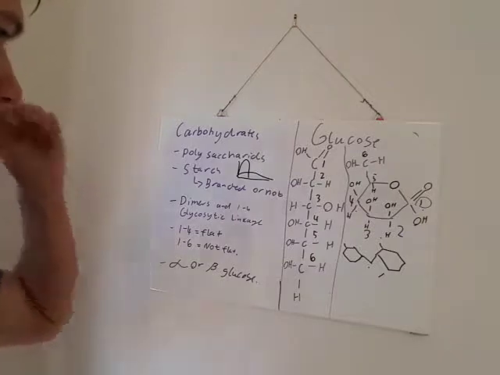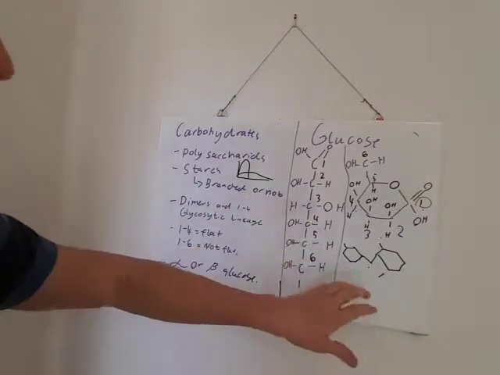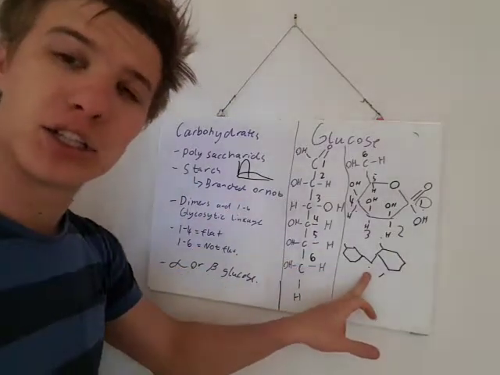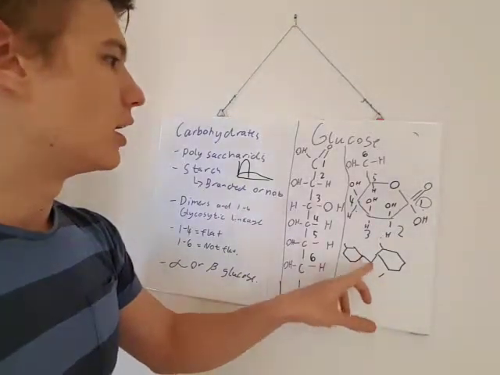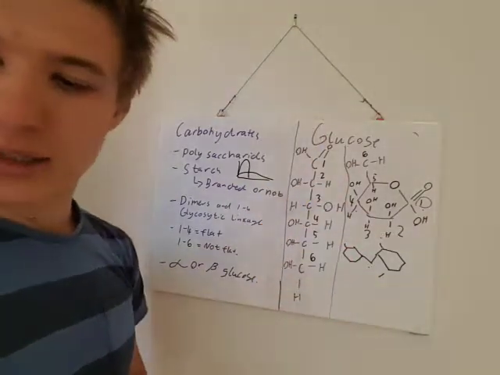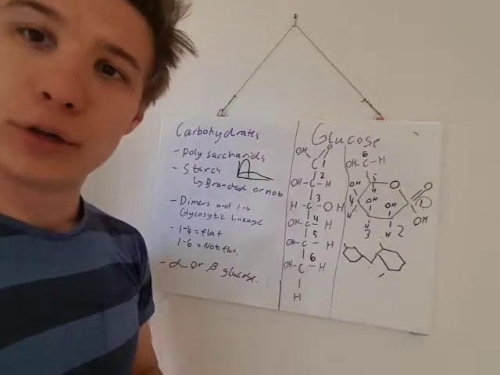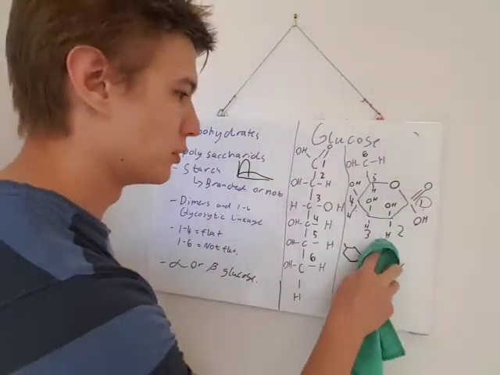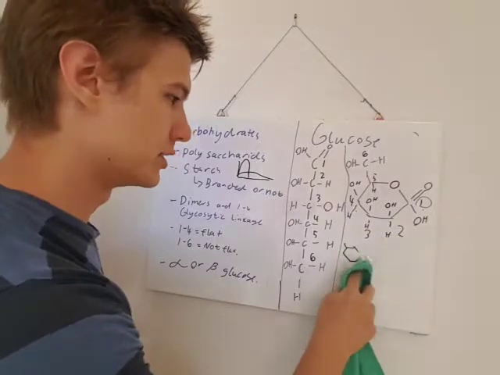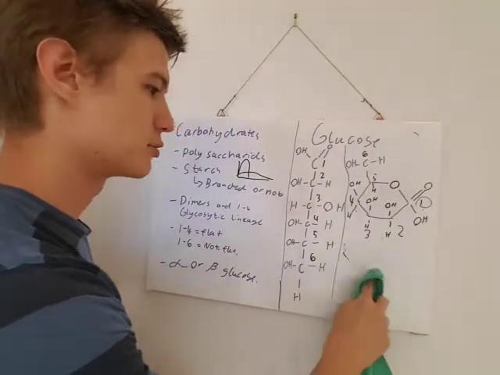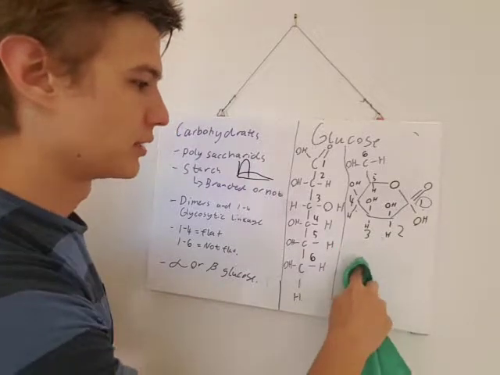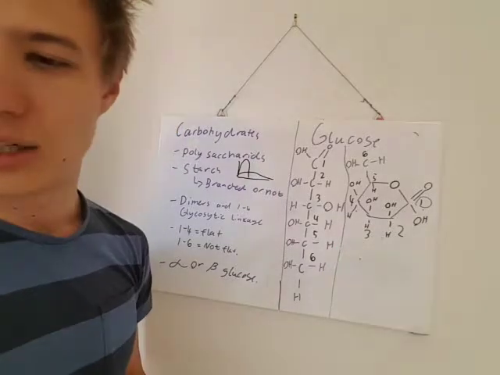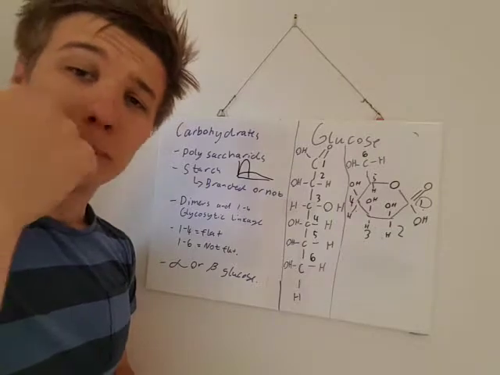And we have our dimers and we have our glycosidic linkage, which I mentioned. And of course, the glycosidic linkage is just a dehydration reaction. Now I'm going to talk a little bit about the structure of glucose. I would strongly encourage you to write down the structure of glucose in its entirety in both the linear and non-linear forms, but it is up to you.